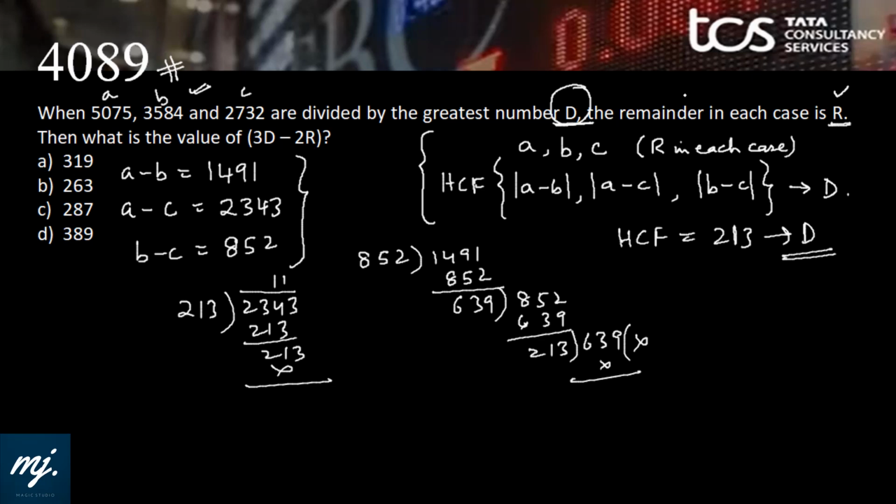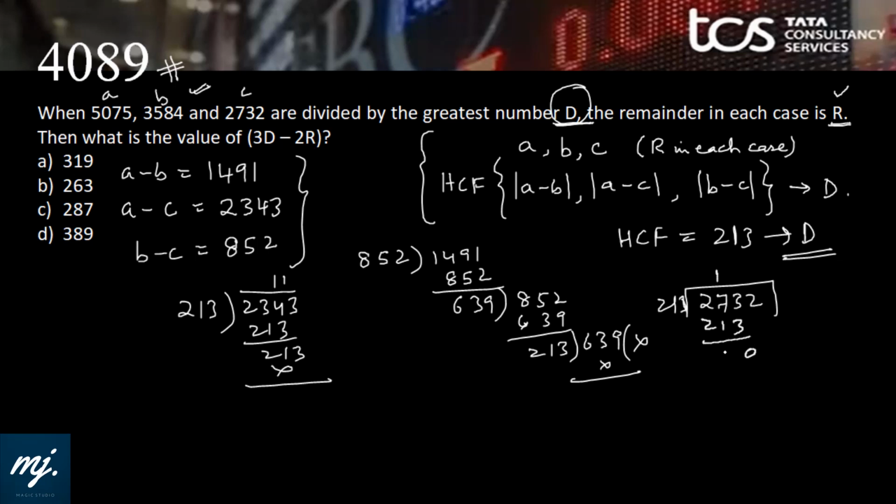Now what next? We need to find the value of R. Just divide any number by 213. Let's divide 2732 by 213, and it will go 11 times. So let me do it in a proper manner.